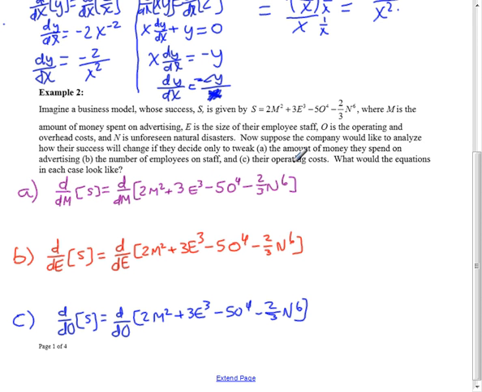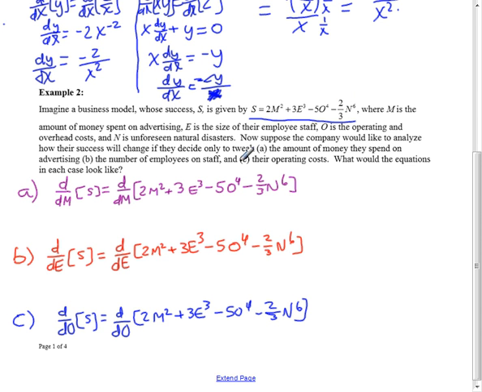Alright, so we have a business model whose success is given by that equation there. So we have this nice long equation, all kinds of different variables. M is the amount of money spent on advertising, E is the size of employee staff, O is the operating cost, and N is unforeseen natural disasters.